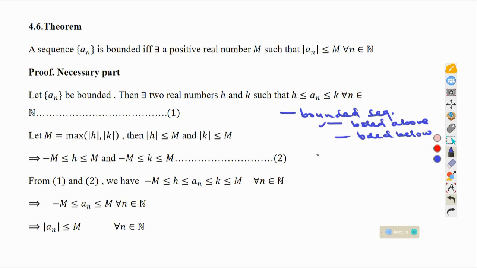And for that case, we came up with the conclusion that if a sequence a_n is bounded, then it must be lying within two real numbers, such that we have, for example, k less or equal to each of the terms of the sequence less or equal to this k here.